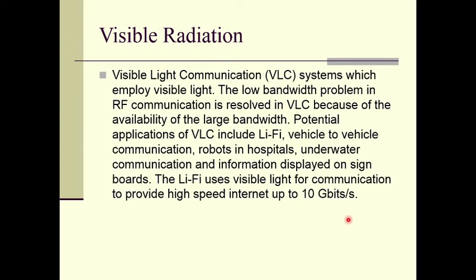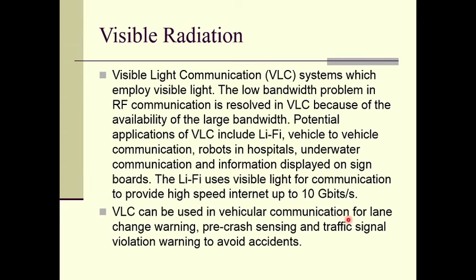Li-Fi uses visible light for communications to provide high speed internet up to 10 Gbps, right? So just like Wi-Fi, where we have radio waves or microwaves, if we use the Li-Fi technique, where visible light is used for communication, we can achieve a large amount of speed, right?